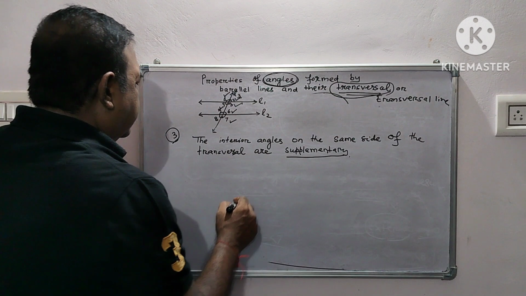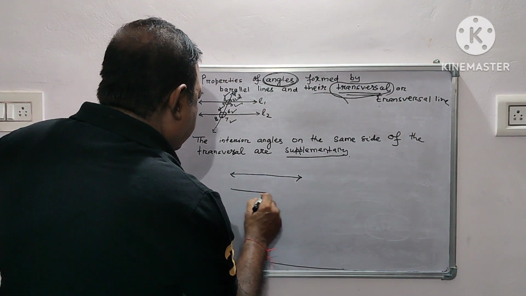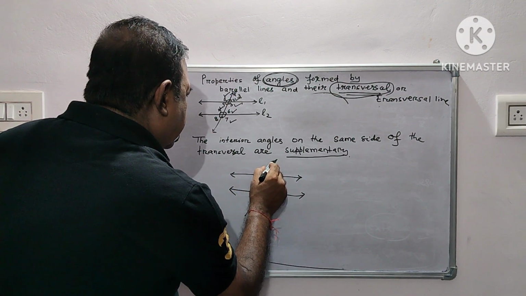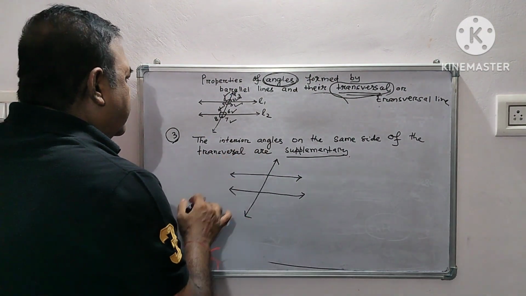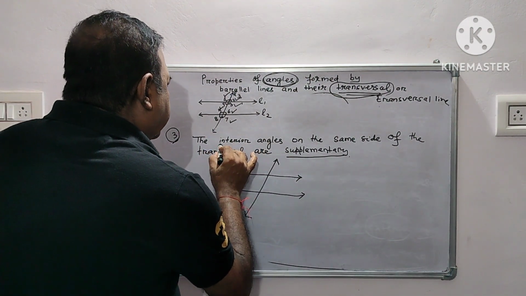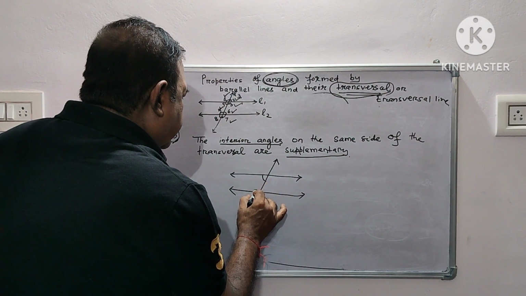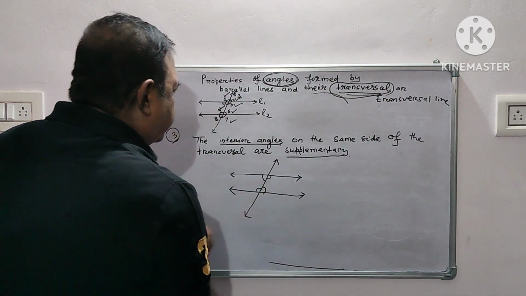And you see, this is the transversal. What has been written, just follow. The interior angles. This is also an interior angle, this is also an interior angle, this is also an interior angle, this is also an interior angle.